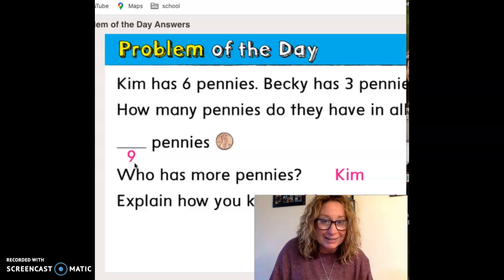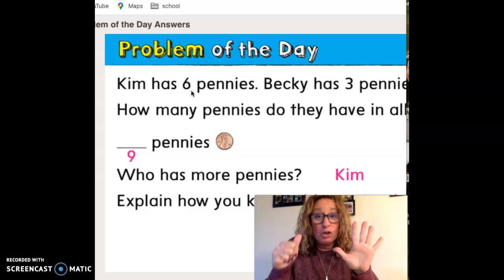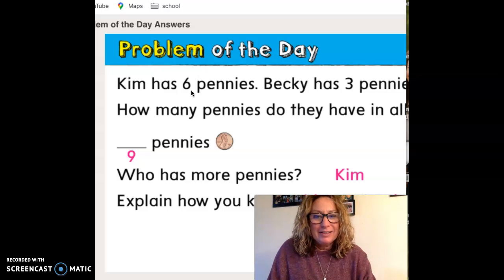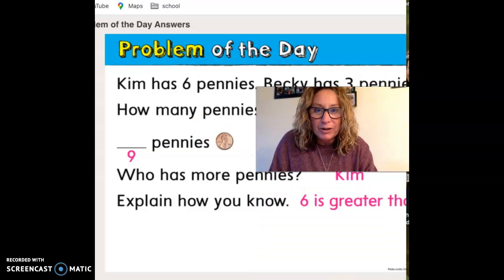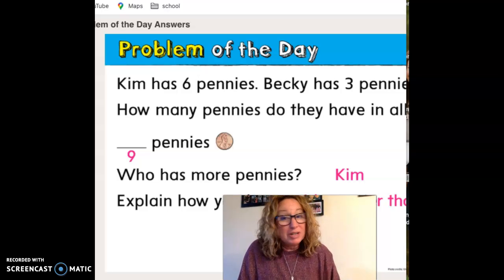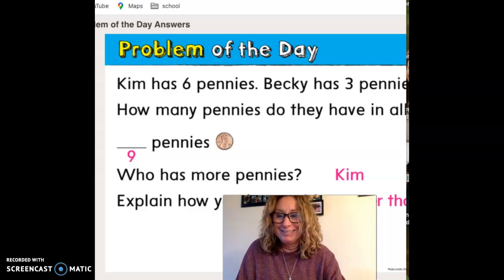Kim or Becky? Yes, Kim had 6. And 6 is definitely greater than or more than 3, isn't it? I hope you can also work on explaining how you know, right? Because you can see 6 is greater than 3. You can even look on your number line or get your cubes out to see which one is more.